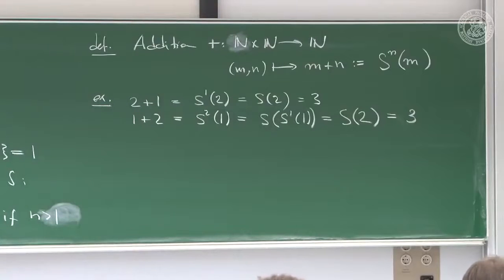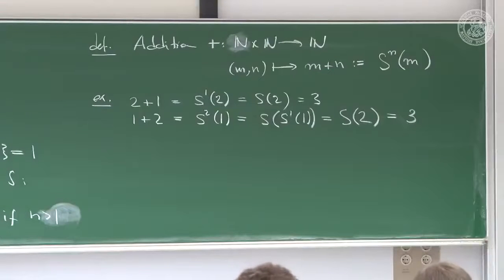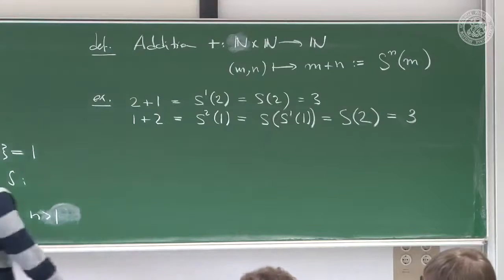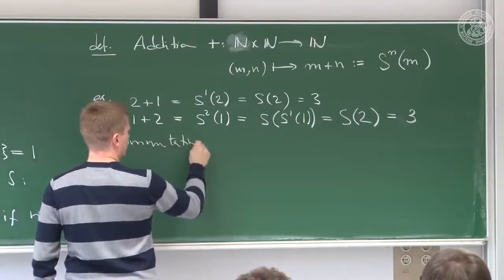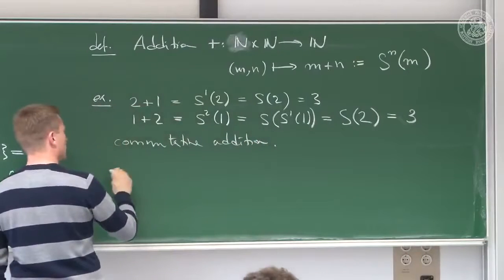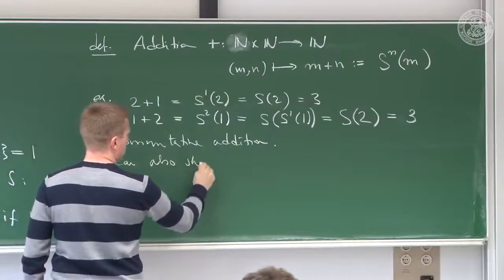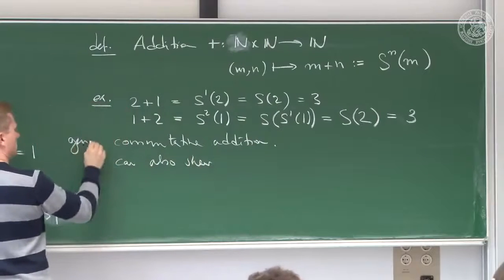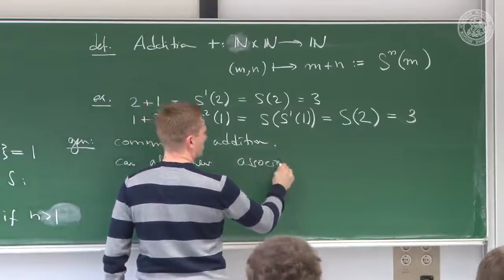That's how this works. Well, this, of course, generalizes. And you get the commutative addition. You can, of course, also show, in general, associativity.